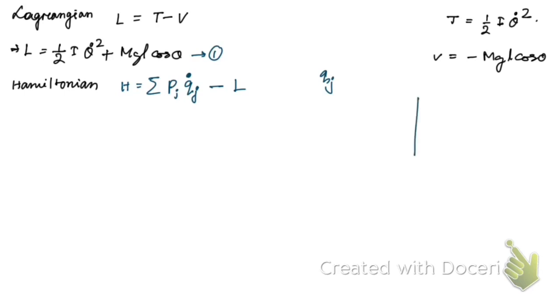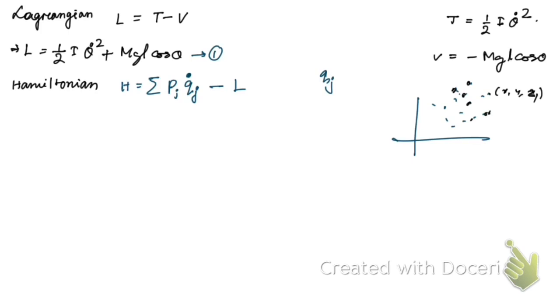That means suppose we have a large number of particles in a system. Suppose each particle has coordinates x1, y1, z1, like this. For different particles we must have different coordinates.